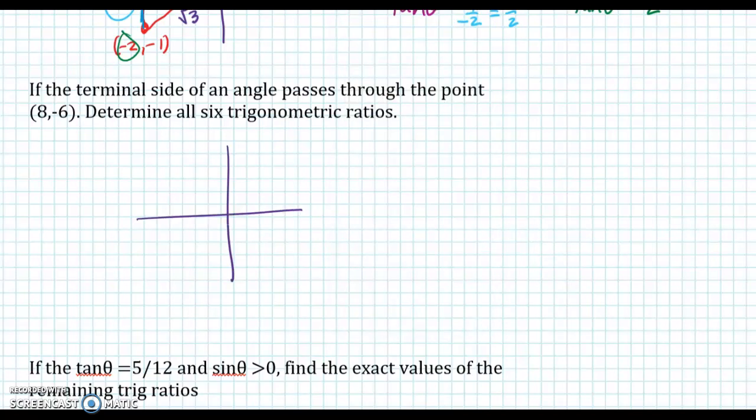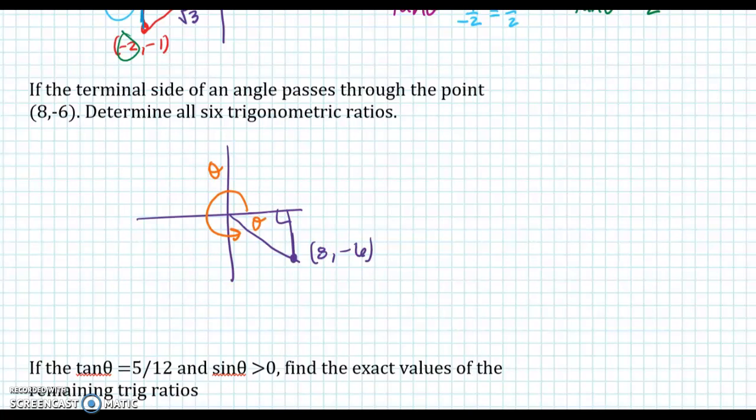So, for this last one, the point 8, -6 is down here. And again, you make your right triangle with the positive x-axis. Technically, you could think this angle rotates all the way around, but those trigonometric ratios are going to be the same as that angle right there.